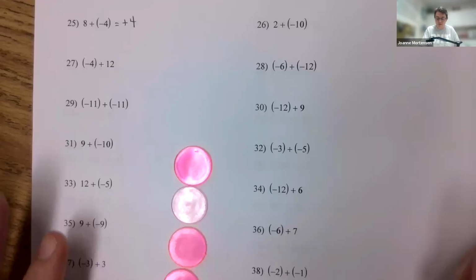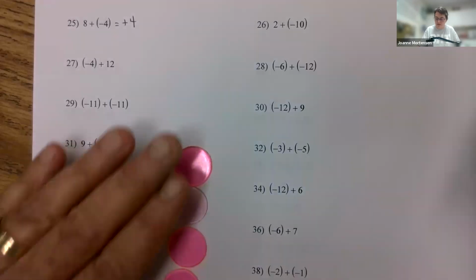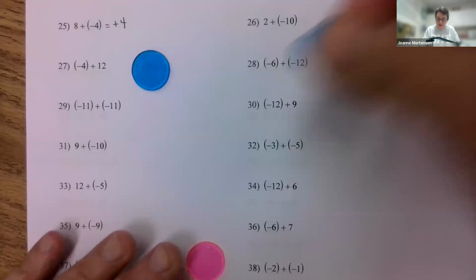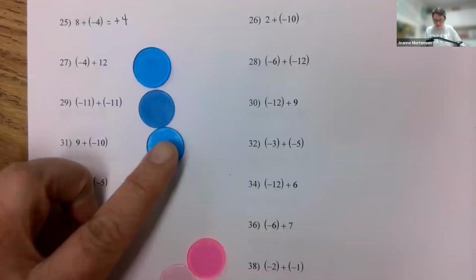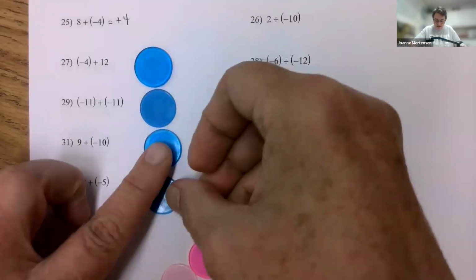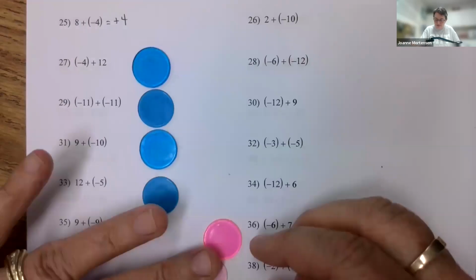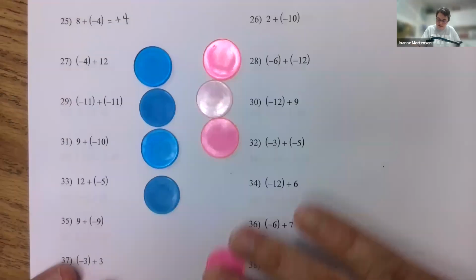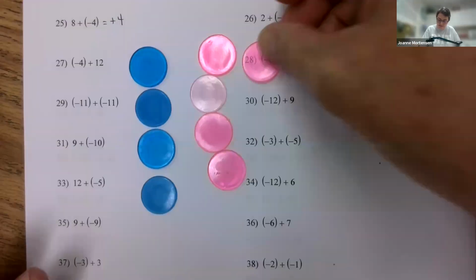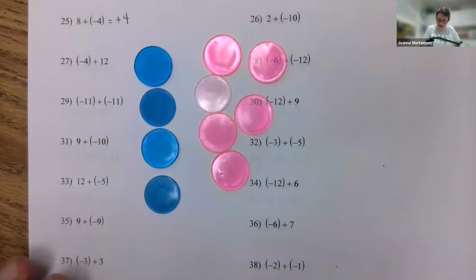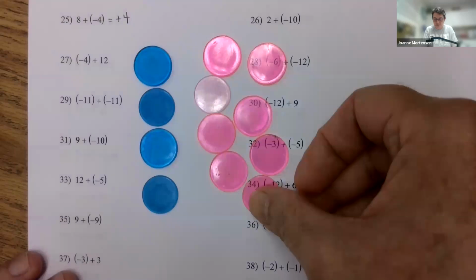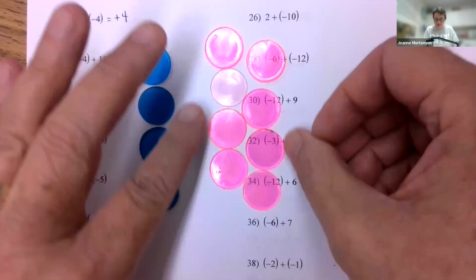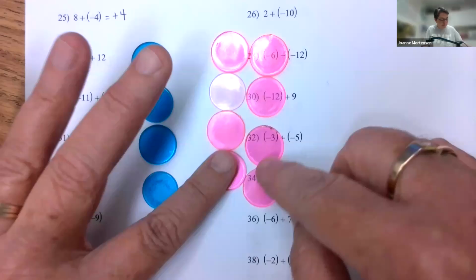I'm going to do one more with bingo chips. I think I'm going to regret it because I just thought it had 12. All right, so there's minus 4. And now I need 12, so I need some more.